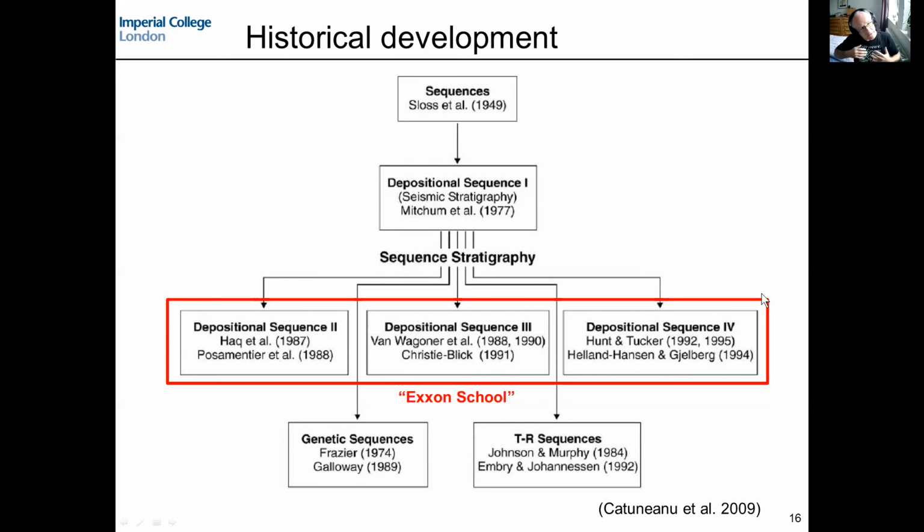Then there was a series of attempts to relate those seismic data to rock data from well logs, cores and outcrops, really through the 80s and the 90s, with different approaches to doing that. We're going to be using the nomenclature, the terms, used by Exxon, who pioneered a lot of this work in the late 80s and early 90s.